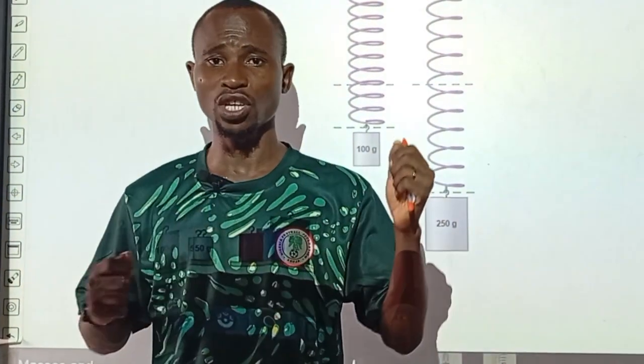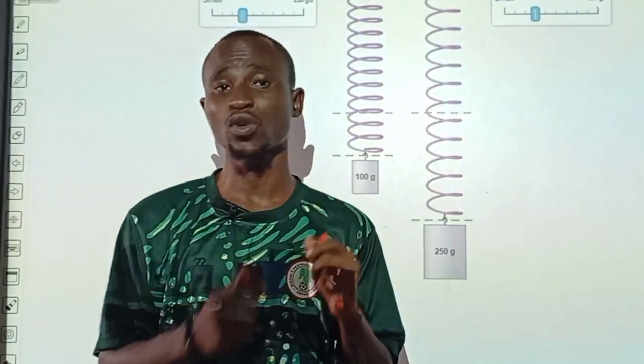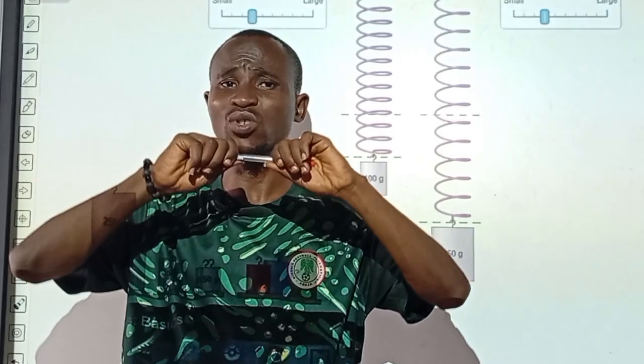If you try to stretch a rubber band, it's going to experience also an increase in length because you are applying force of what? Pull, right? But in the case of this pen, if I try to stretch it, nothing would happen. Rather, I can break it.